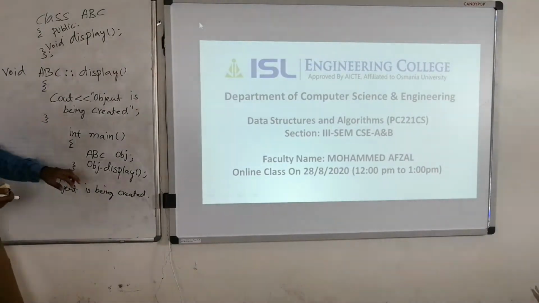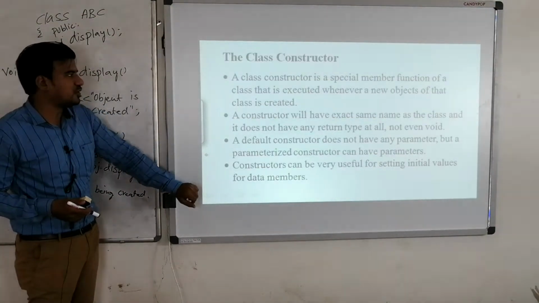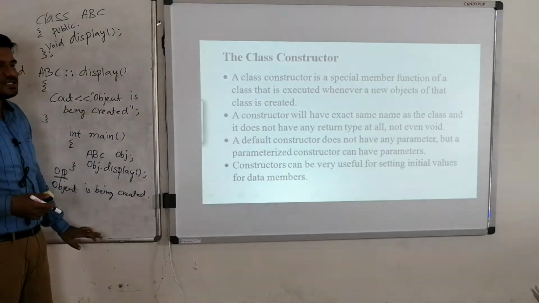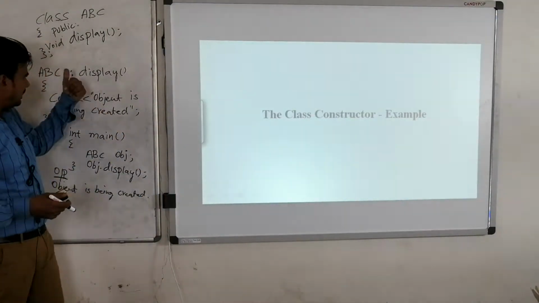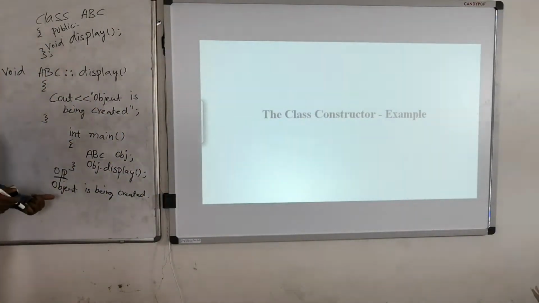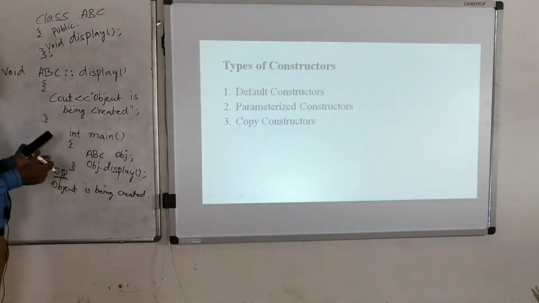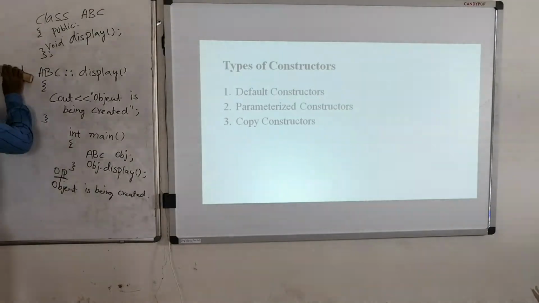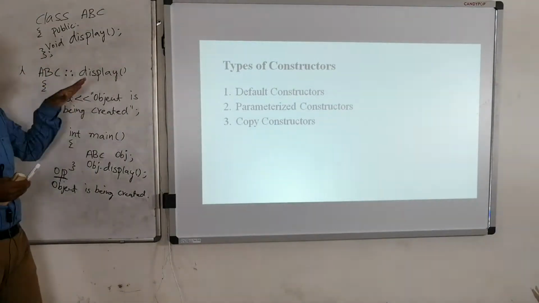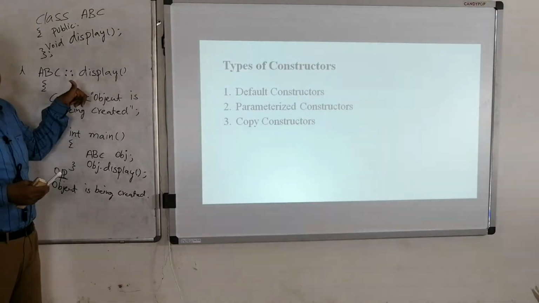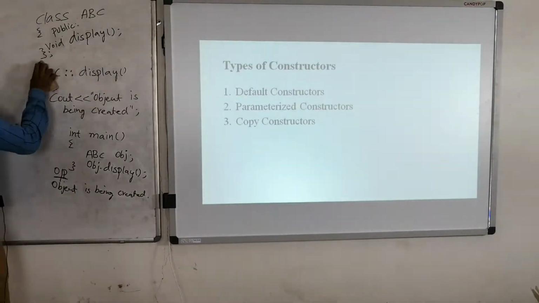So we have already discussed the points related to constructors, and I have shown an example as well. Then types of constructors: we have 3 types of constructors in C++. Whatever constructor I have shown you just before, without any parameters, we call it a default constructor.